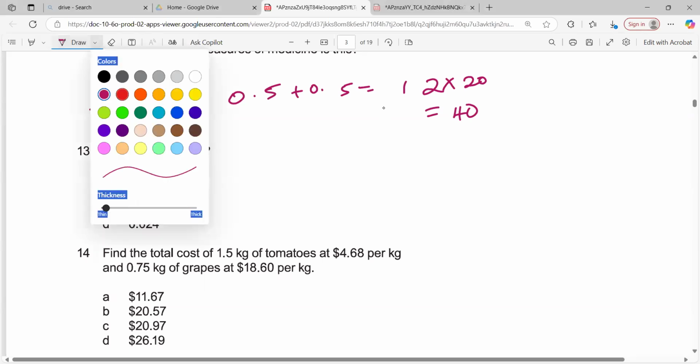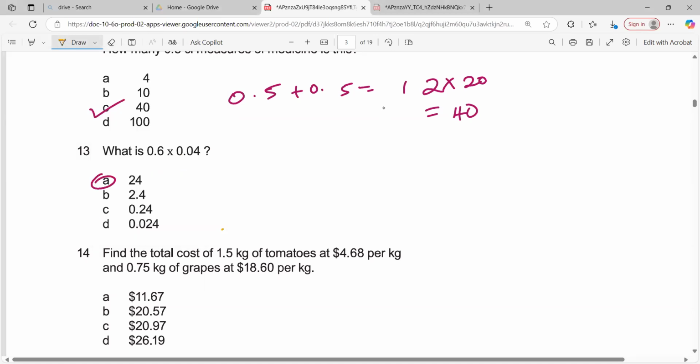So because of the decimal points, the first one, 0.6, has one decimal place, and the second one, 0.04, has two decimal places. So you would add those two up, which would make three decimal places, and you would move three decimal places in your answer, which would give you 0.024. All right, thanks.